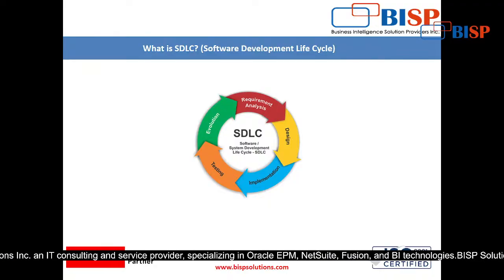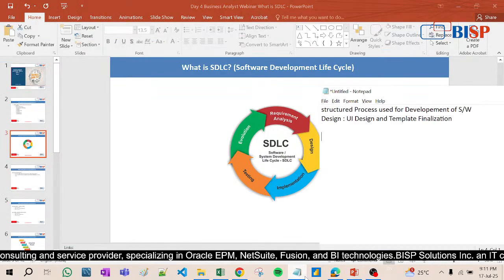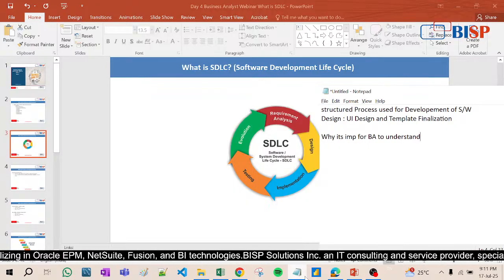Now the question arises, why is it important for a BA to understand this? Why should a BA understand all these things? We have already discussed that the technical team will never communicate with the client, and the client will never communicate with the technical team.